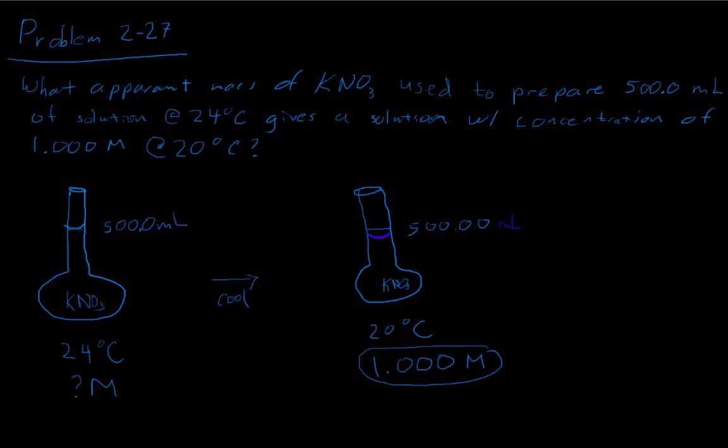Since this is in less volume than this solution over here, we expect that this concentration is going to be higher than this concentration over here. So we expect this concentration to be a little bit less than 1.000 molar because we're concentrating it by shrinking the volume, just as though you might evaporate some of the solvent to concentrate a solution.